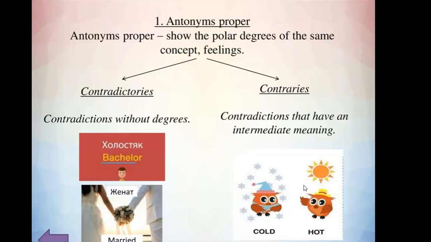So, antonyms proper. Antonyms proper show the polar degrees of the same concept fields, contradictories and contraries. For example, contradictions without degrees, and contradictions that have an intermediate meaning: cold, hot, bachelor and married.